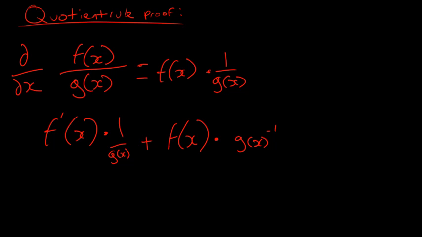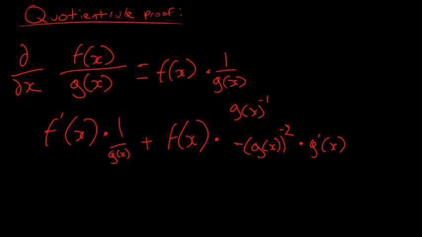The chain rule says that the derivative of g of x to the minus 1 must be, as if you were doing the power rule, minus g of x to the minus 2, times the inside function derivative, so just g prime of x.